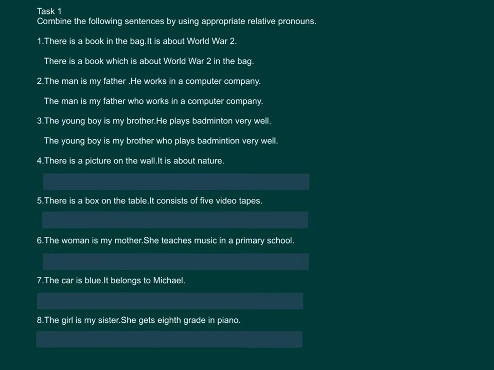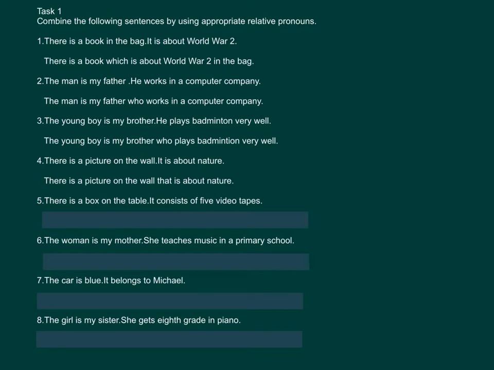Number 4. There is a picture on the wall. It is about nature. The answer is: there is a picture on the wall that is about nature. Number 5.